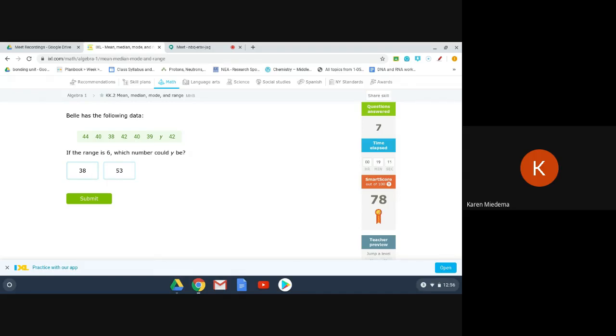It says Bell has the following data. And it looks like I have 1, 2, 3, 4, 5, 6, 7, 8 data items. It says if the range is 6, which number could Y be? Okay, so remember the range is the maximum minus the minimum. So let's see what we have so far.